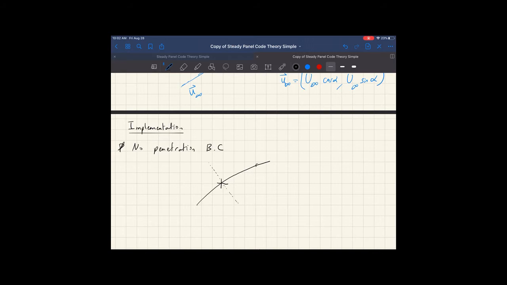And we have some vortex here, okay? So let's assume that we have some free stream velocity. I'm drawing an arbitrary free stream vector, u infinity.